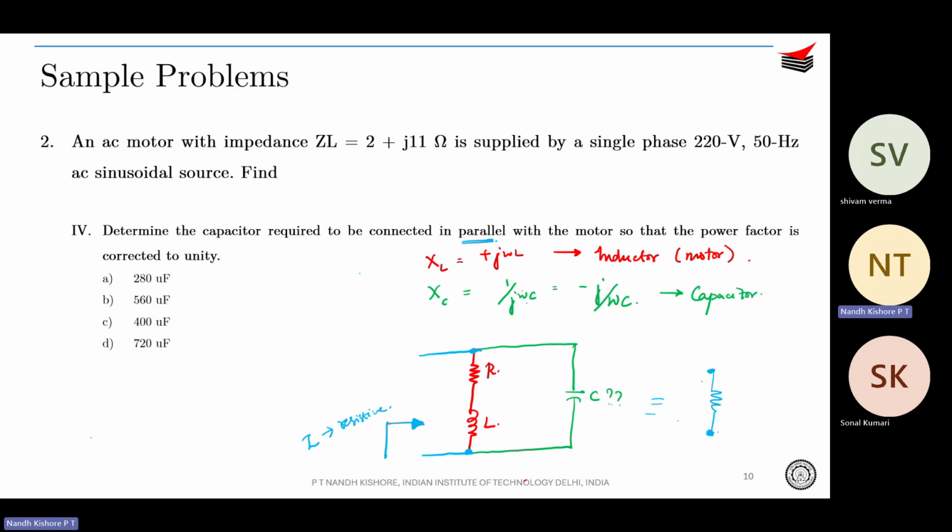That is, what capacitor should I put so that the j omega L part of R plus j omega L can be compensated? It is not that for 2 plus j11 I will put minus j11. No, you are not putting a capacitor in series. You are putting a capacitor in parallel. So it is not that straightforward. No, it's not like that. So do you understand the question?